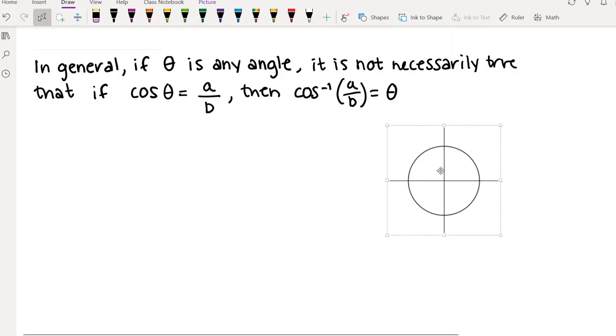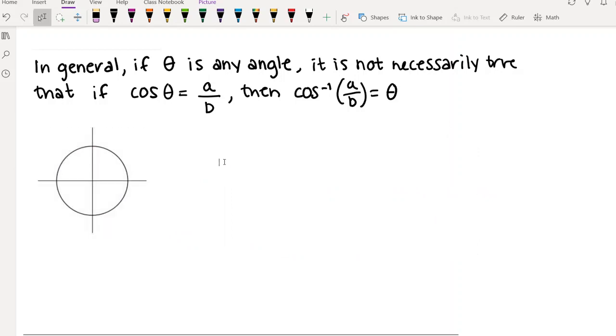Well, there are examples of angles such that if you take cosine of the angle and get a number, and then you take inverse cosine of that number, you don't actually get the same angle, right? So for example, I'm going to go back to radians since I'm drawing this on the unit circle.